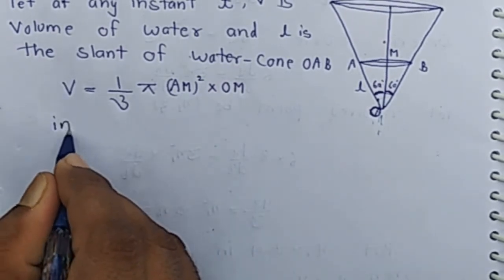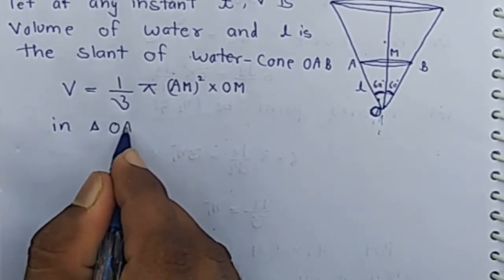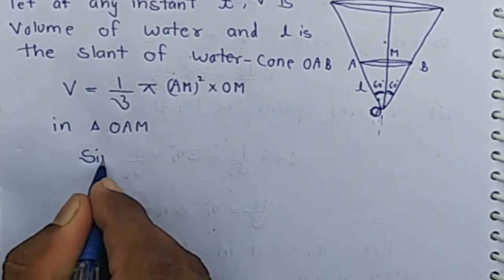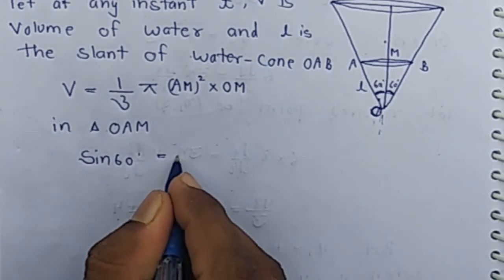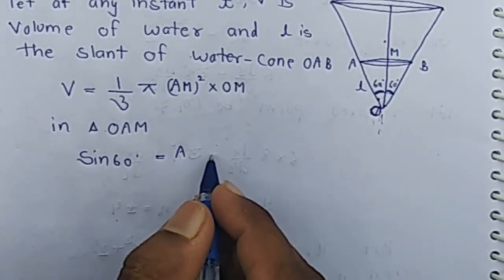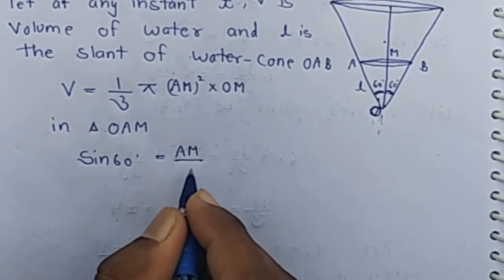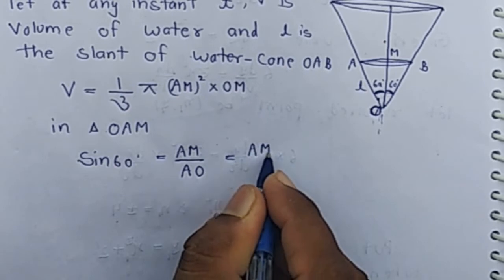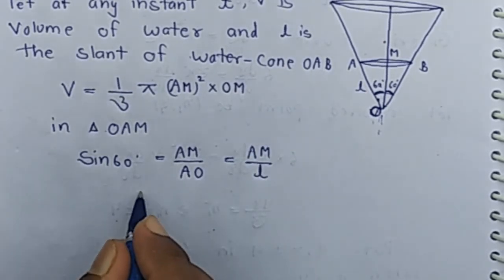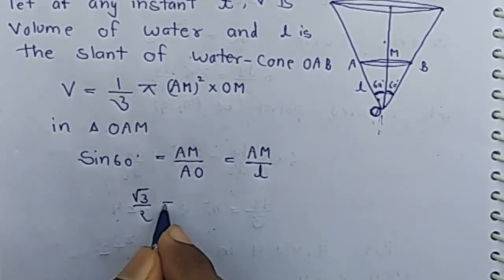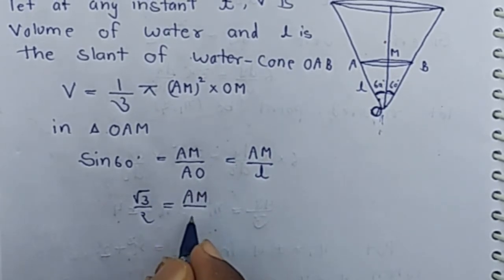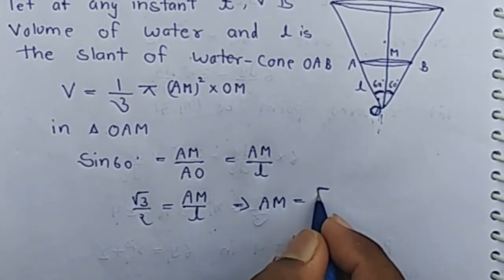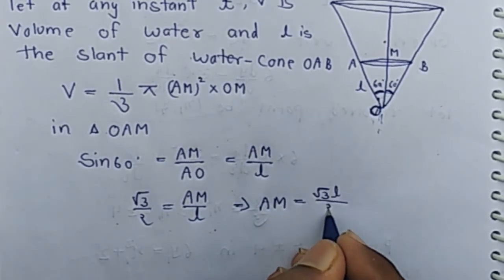In triangle OAM we have sin 60 equal AM by AO. The value of AO is L. Sin 60 is root 3 by 2. Then root 3 by 2 equals AM by L, and we have the value of AM as root 3 L by 2.